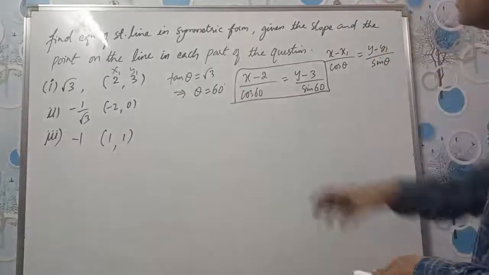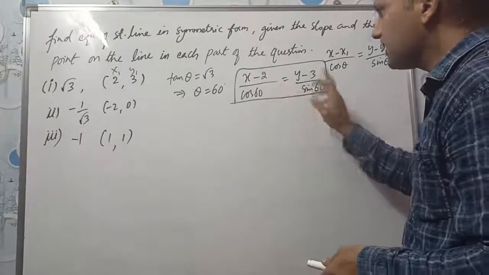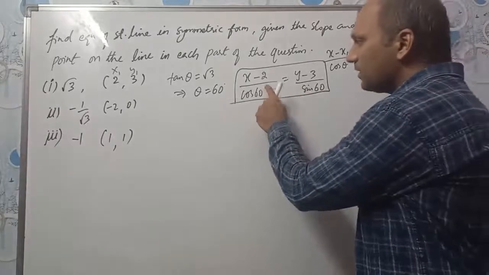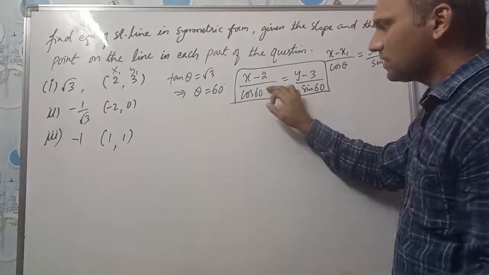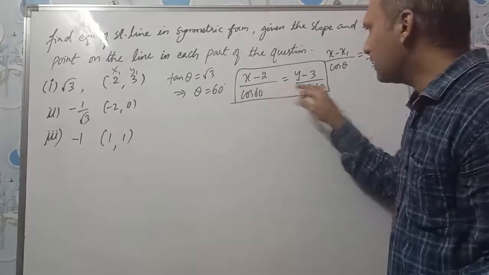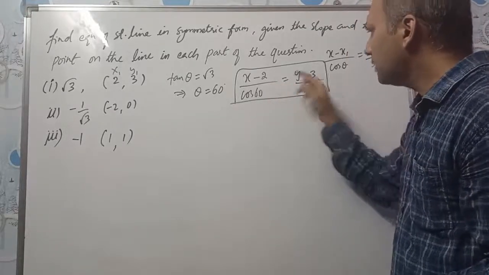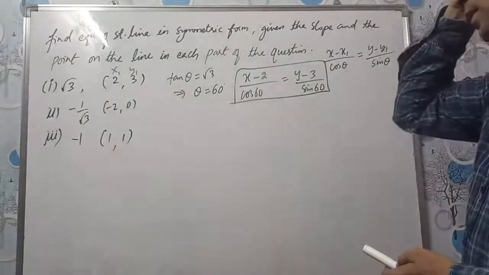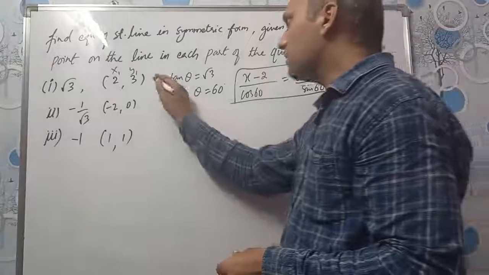We need not write the values of cos 60 and sin 60 in this form. Of course, this 60 we can write as pi by 3. Cos 60 is cos pi by 3, right? You can write pi by 3 here and here, or you can just write cos 60 and sin 60. Alright, so the first problem is done.